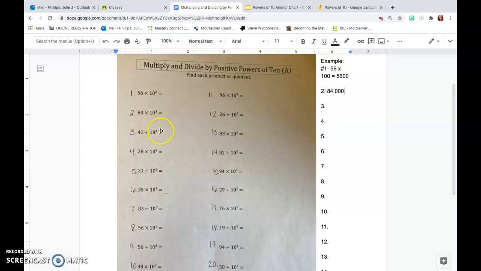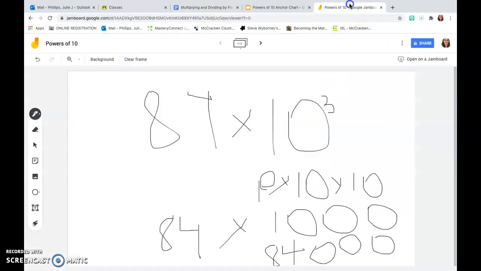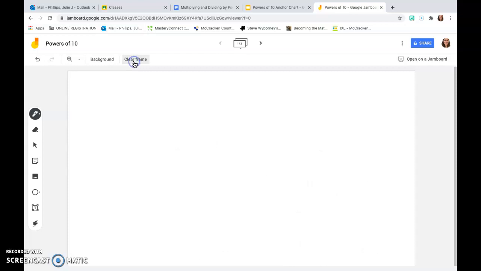Number 3 is 41 divided by 10 with a little 1 up in the corner. Remember, that little 1 just means 41 divided by 10.